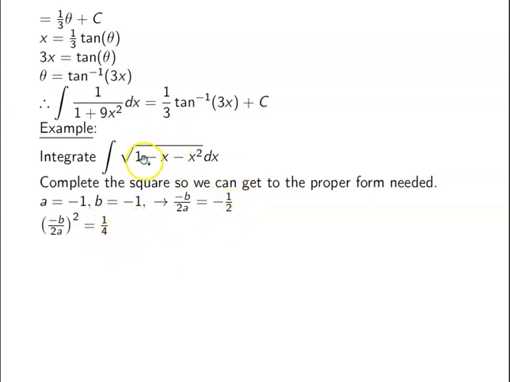So what I'm going to do then is add in 1/4 and subtract it out right away. In case you don't remember how to complete the square, I'm basically adding in 0. I'm adding nothing, right? If I give you $1 and I take it away right away, you're not any richer, right? So it's a nice little math trick that we get to use in order to get what we want. So I haven't done anything. I've just changed the way that it looks.